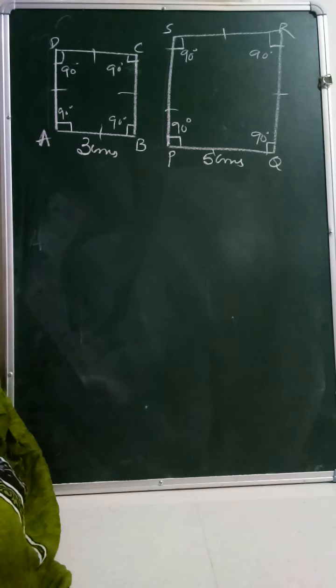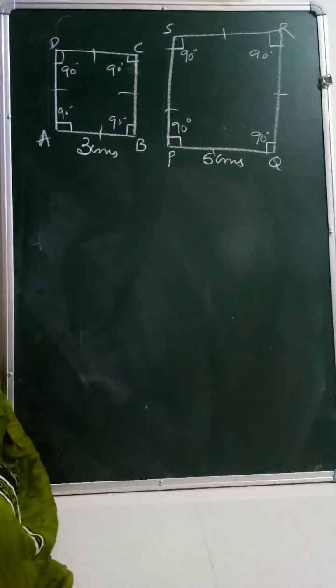What should be the relation of these corresponding angles and corresponding sides if the figures have to be similar? What is the condition we have to have between these two figures so that we can say they are similar squares?